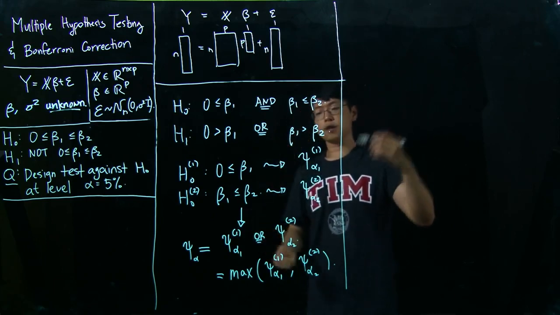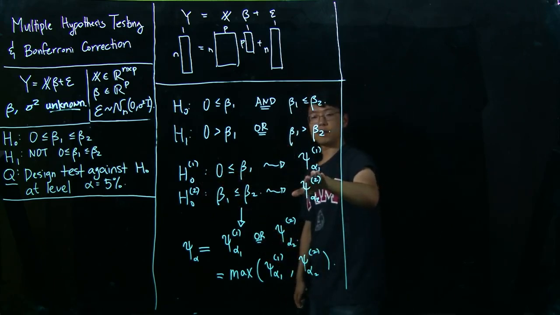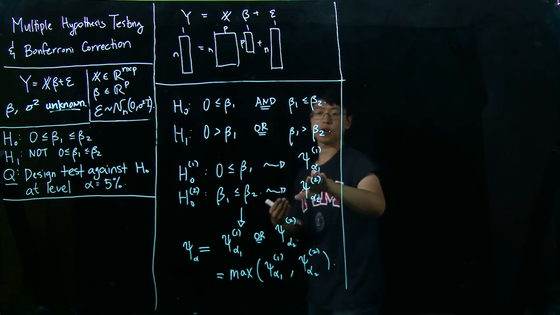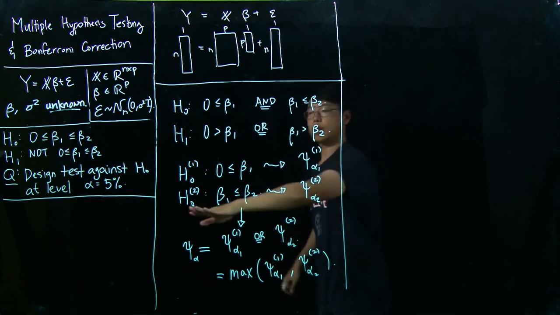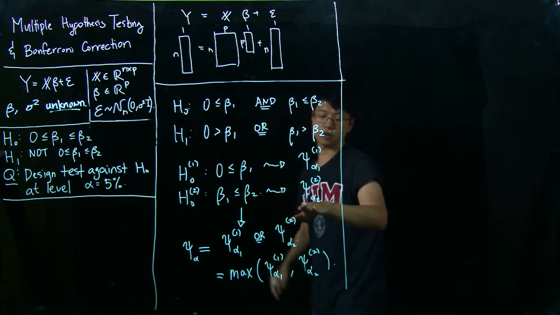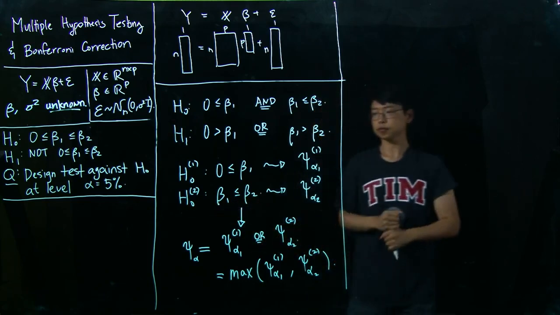For the sake of argument, let's say that this test has level exactly alpha 1, or has the probability of rejecting H0 under H0 equal to alpha 1, and the same for this. So this outputs reject with probability alpha 2 under H0.